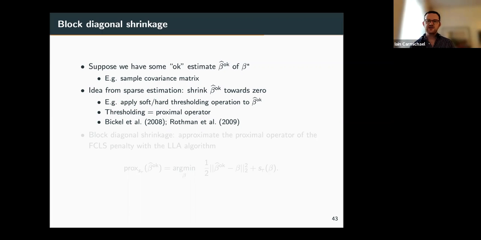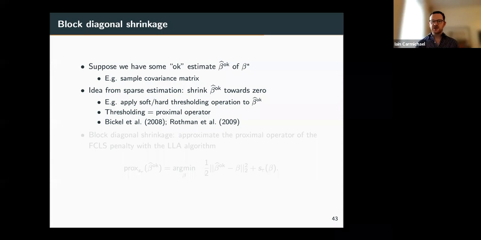A very standard idea from sparse estimation is to take our OK estimator and shrink it towards 0. We know a priori our target parameter should have a bunch of zeros, so let's take our OK estimator and throw in some zeros.